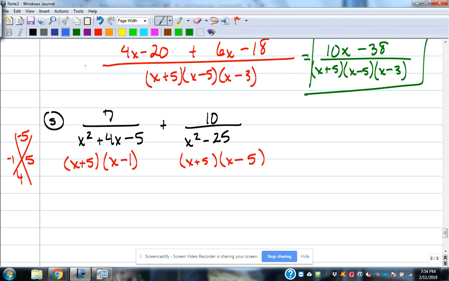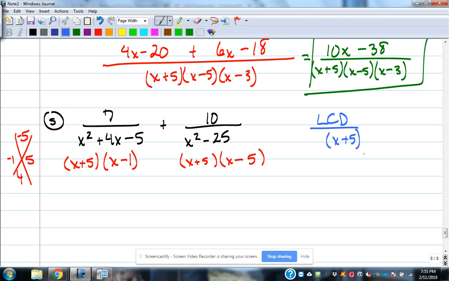This may help you. Notice on the last example, you had trouble with what's the same, what's different. If you'll go over here and on the side write LCD, least common denominator. That's what that stands for. Start with the piece that matches. What's the piece that matches? X plus 5. So you know that's in the least common denominator.